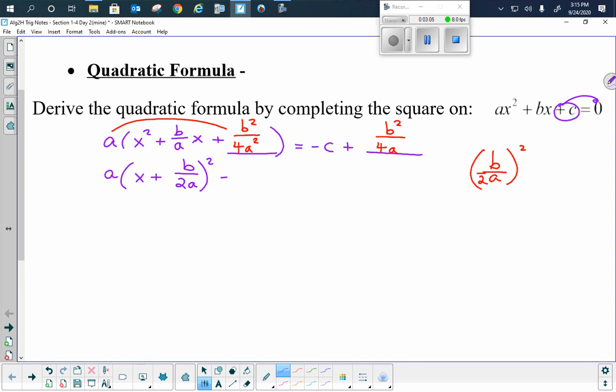Equals the opposite of c plus b squared over 4a. At this point, go ahead and isolate the x term, or the squared term. So we want to take what's on the right-hand side without trying to show too many steps at once.